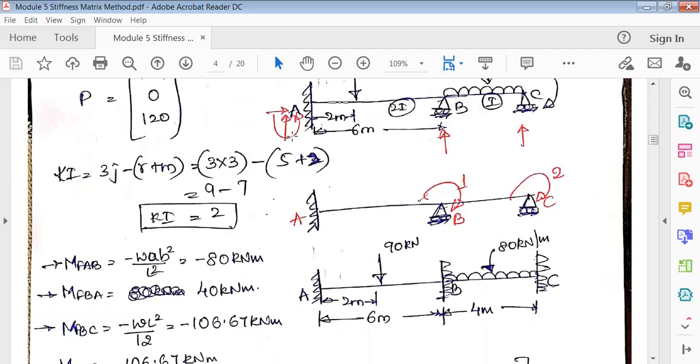Okay, reaction is the opposite of kinematic indeterminacy. Okay, so here in the first, it is a fixed support, so it cannot move in any direction. Okay, it is fixed completely. So this kinematic indeterminacy is 2 now, so that means there is a hinge support, that is a roller support here. It is restricted in vertical direction, but it can still rotate in the second direction.